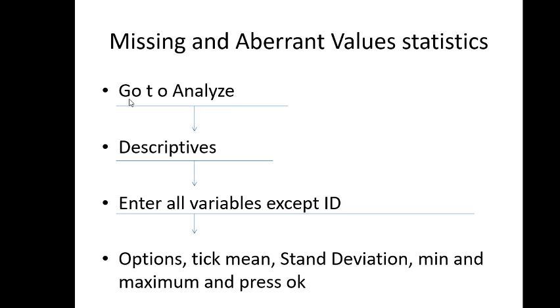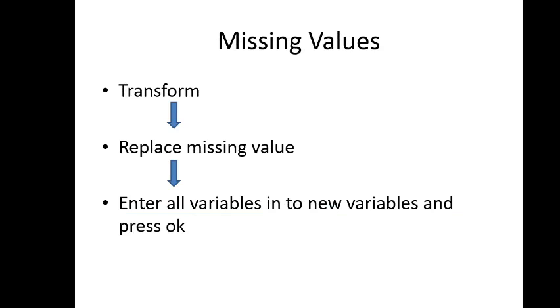As in the previous session I told you, you need to go to Analyze, then Descriptive Statistics, then enter all variables except ID, then tick mean, standard deviation, minimum, maximum. Then the result will come and you will be able to see which are the missing values.